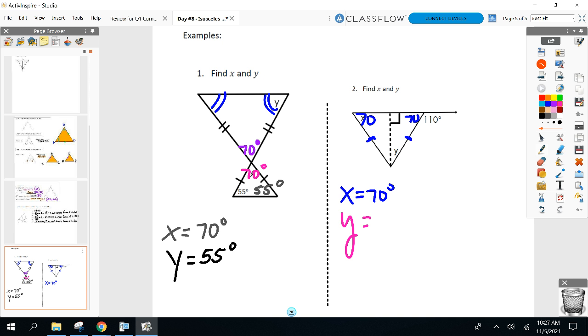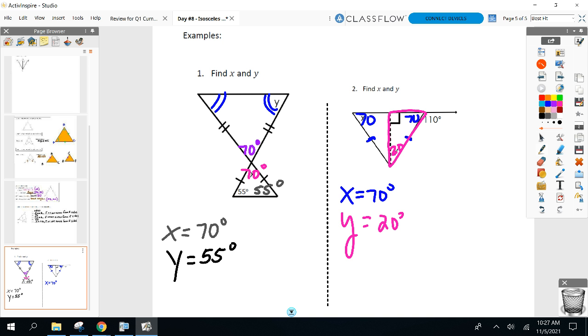You have to use the 70s and subtract from 180 and you get 40, and then divide that by 2 to get 20. Okay, so I get 20 degrees that way. Or if you did it this way, I know 90 and 70 add to 160, so that means 20 degrees left over for Y. Either way works.